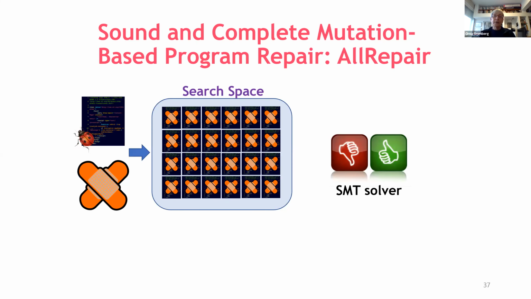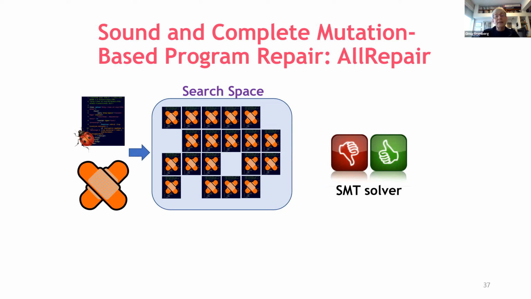Now the way AllRepair works is to generate a program from the search space, and if it's correct, then we eliminate not just this program, but all the others that are non-minimal with respect to this program.